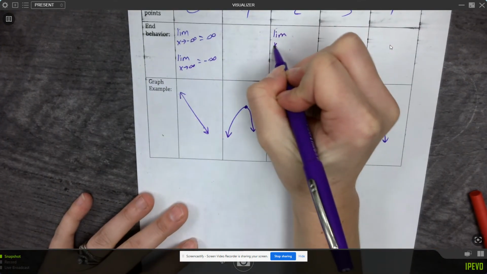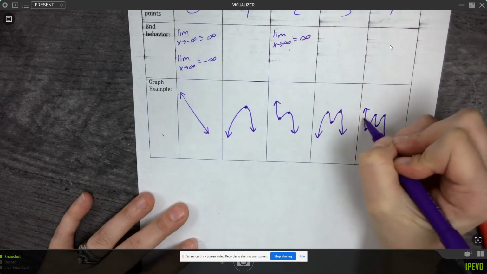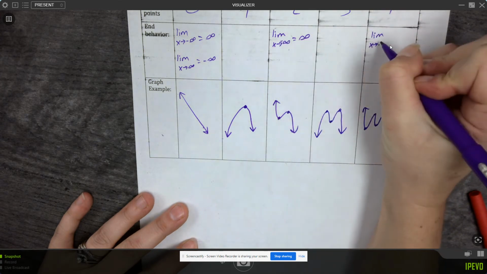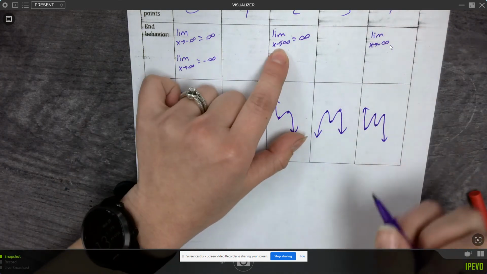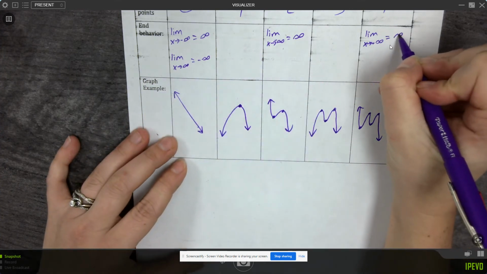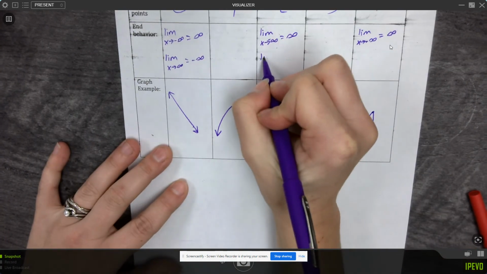As you go to the left, it's rising. Same thing here as I go to the left. Get a little negative in there. Got that negative sign. And there's a negative here. As I go to the left, I am rising. And as I go to the right, I am lowering.